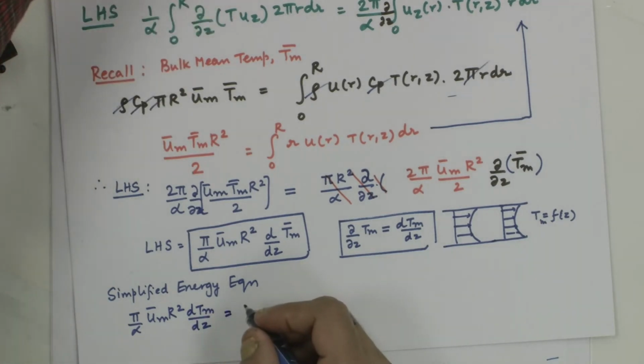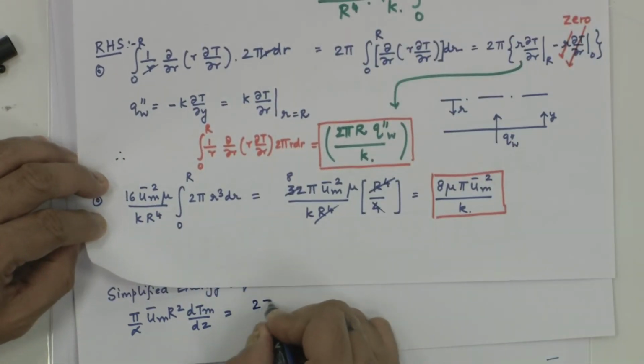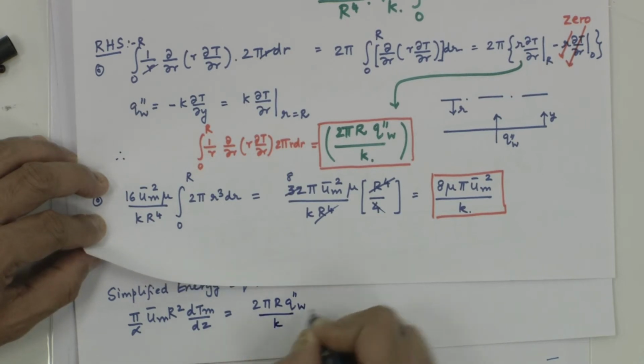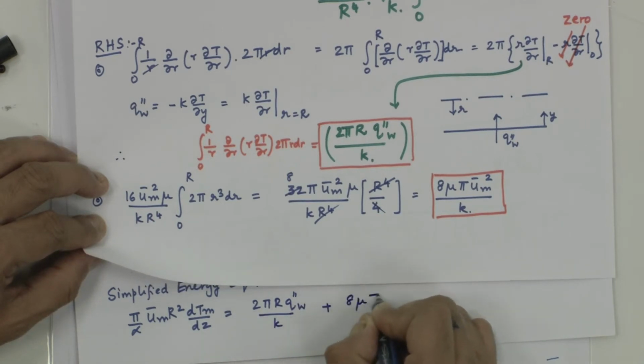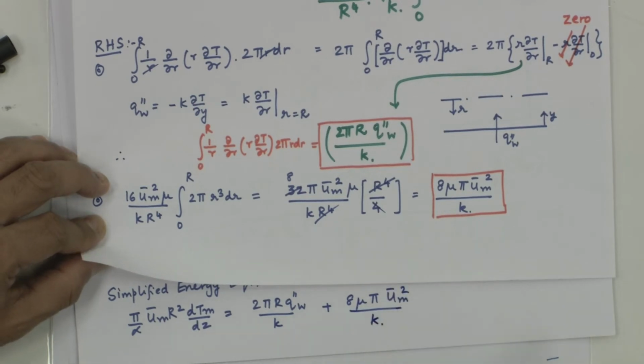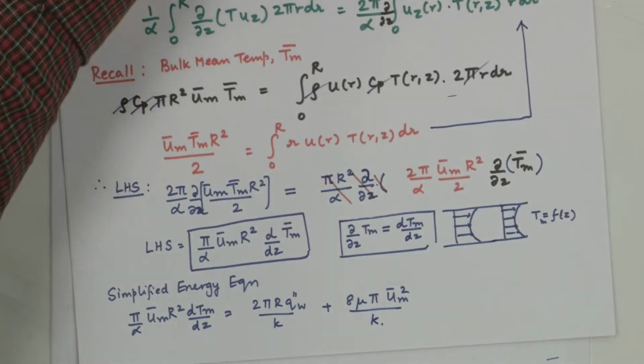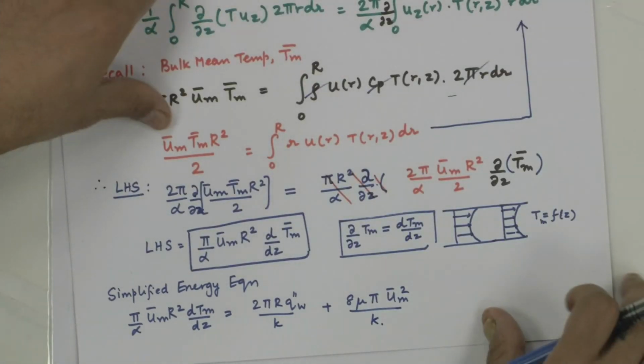On the right hand side I had two terms, that is this one and this one: 2 pi r q w by k plus 8 mu pi u m bar squared by k. This is exactly what we did in our derivation for laminar flow through pipe with constant wall heat flux. So, this is my simplified equation.